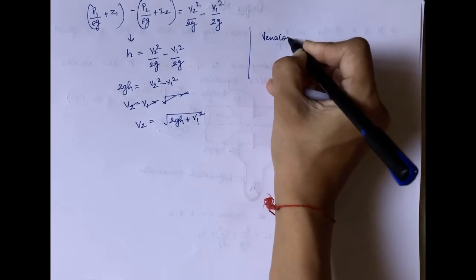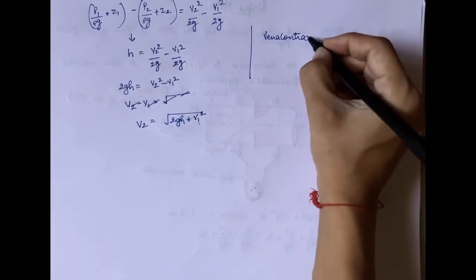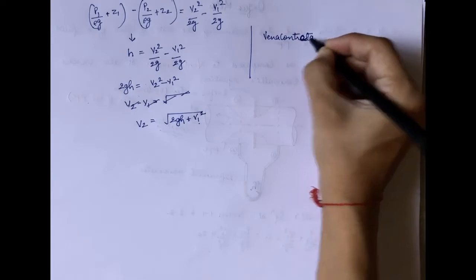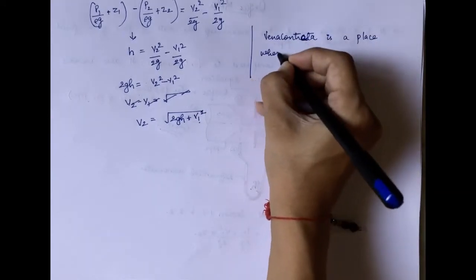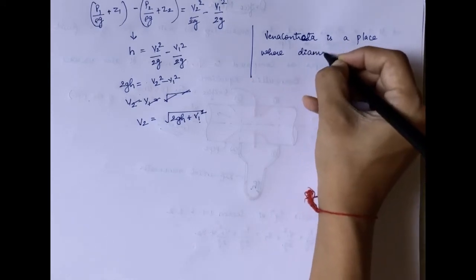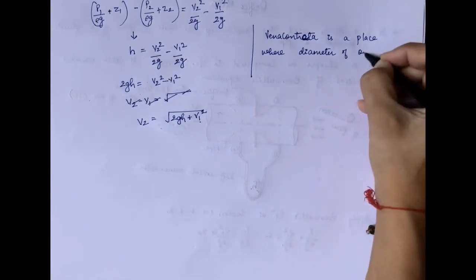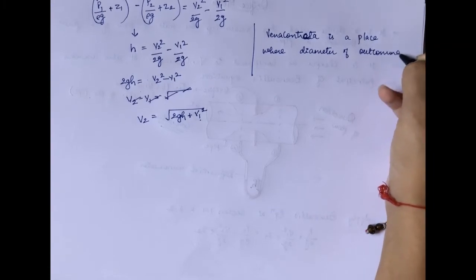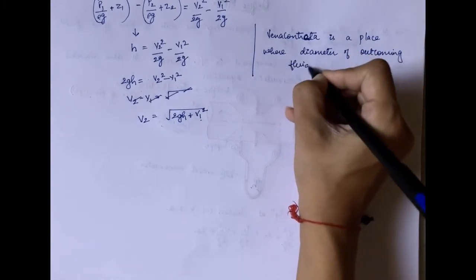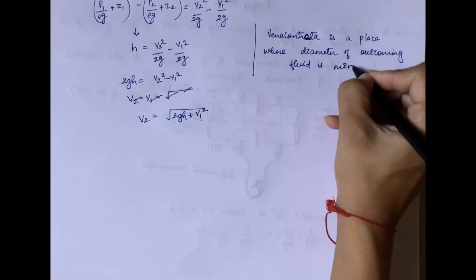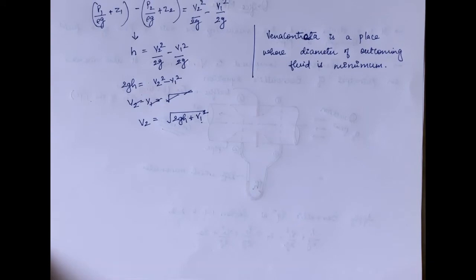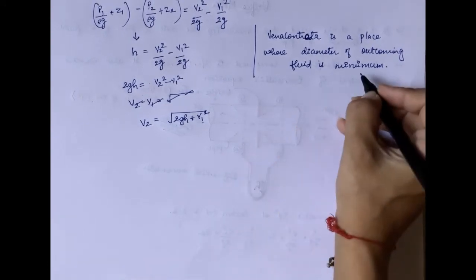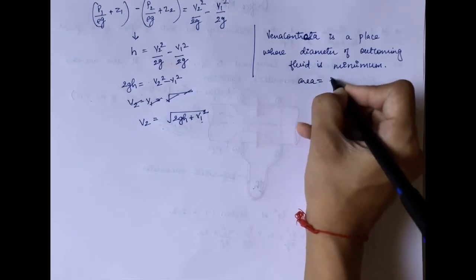So, here in this case, the vena contracta is at section 2 and it represents the area A2.